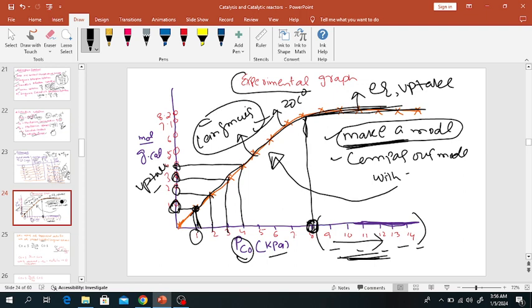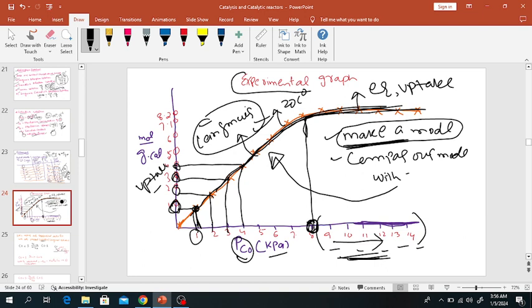Now we will make a model of the Langmuir isotherm, and after making the model, we will compare it with this experimental data, with this graph, to see whether our model is matching with our experimental data or not.